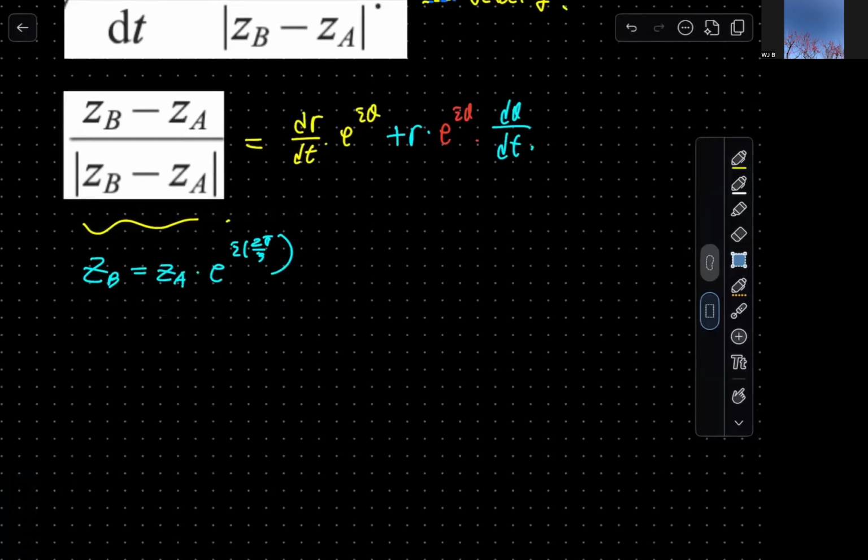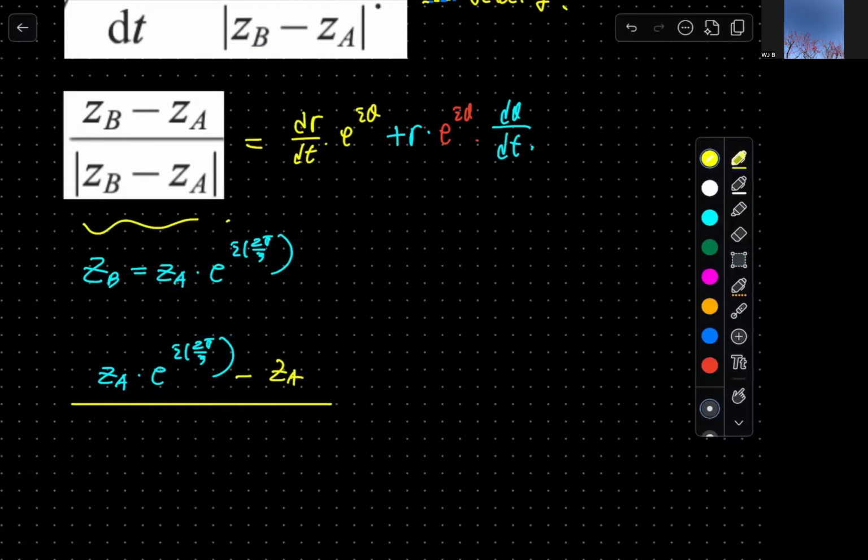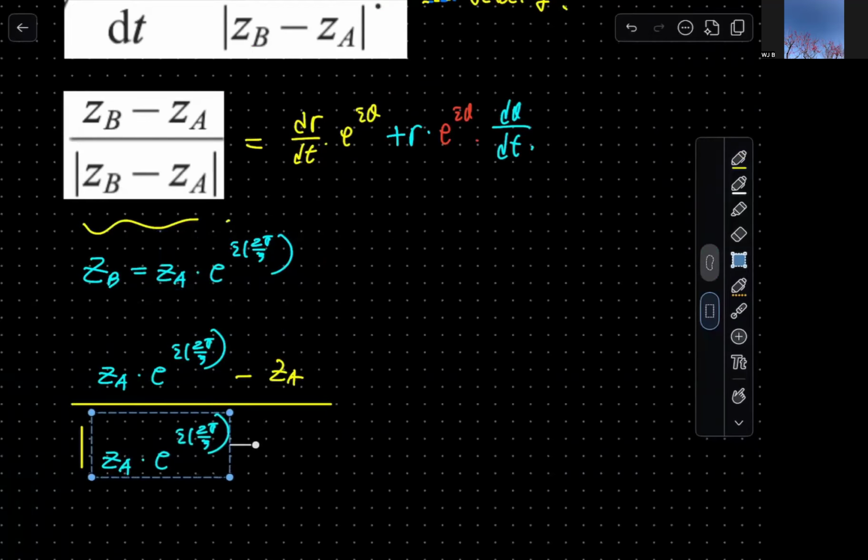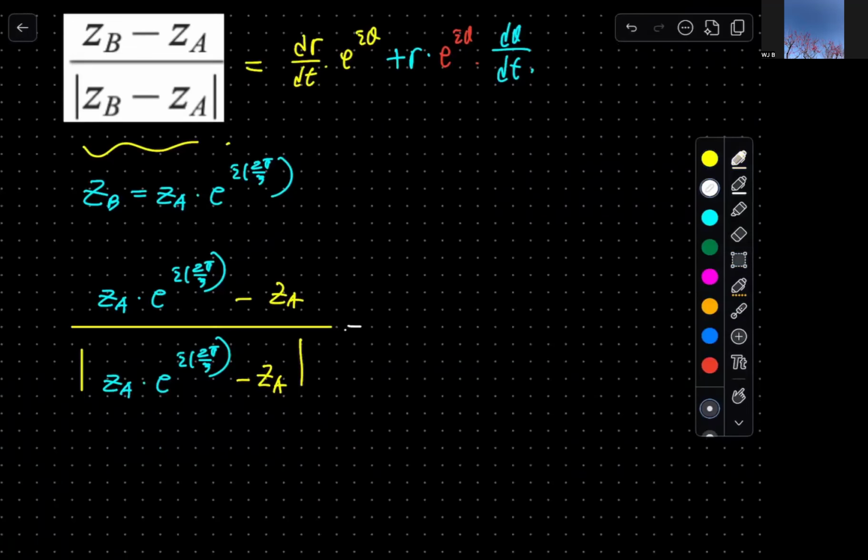I'm going to replace ZB with the following complex number, minus ZA. Then I divide this by the magnitude of ZB, which was the product of ZA with this complex number, and I subtract Z. So what we can do now is simplify further.